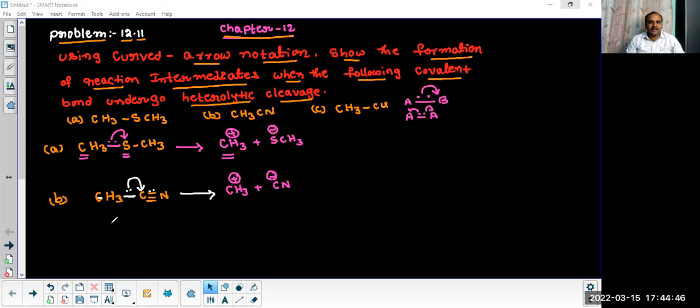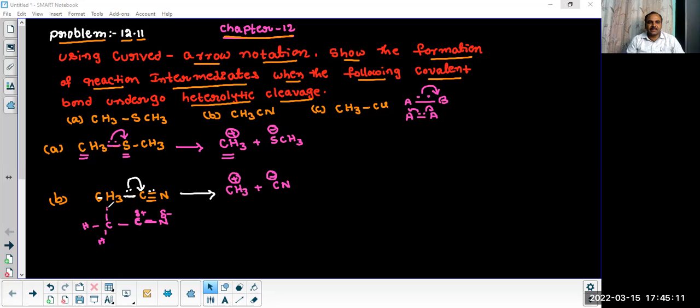Here the carbon and C triple bond N, single bond N, how to consider? Compared to the carbon atom, nitrogen is more electronegative. This is partially negative and partially positive. And here the hydrogen atom is there.